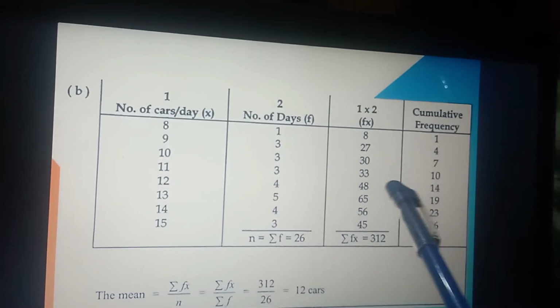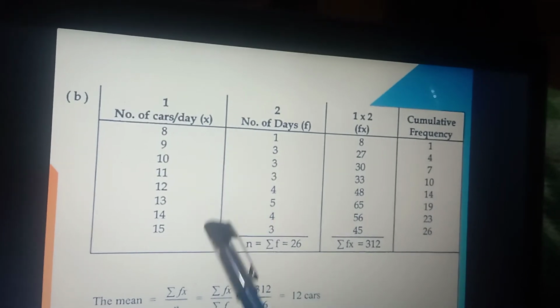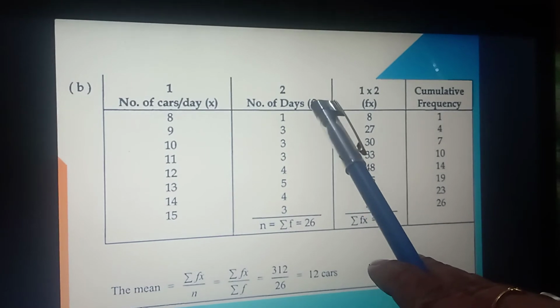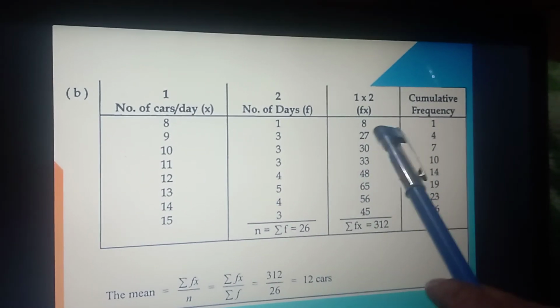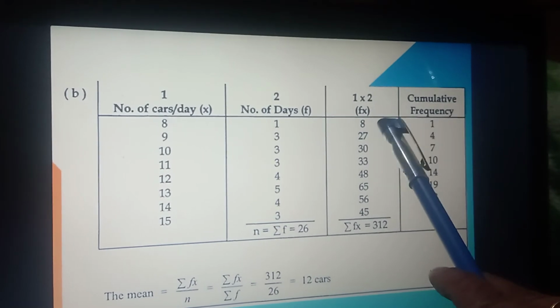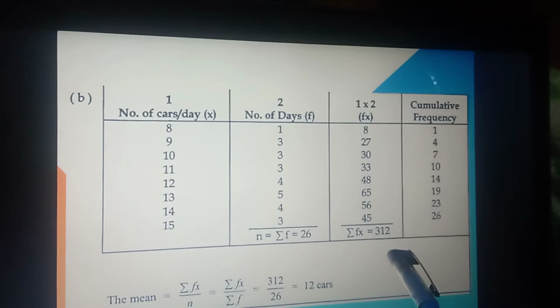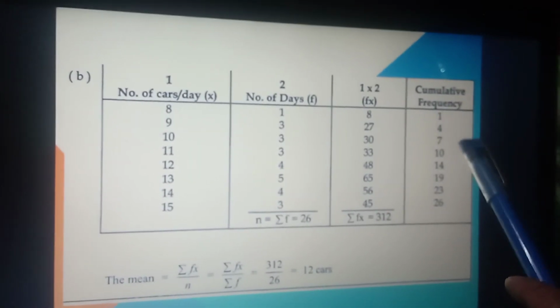So the first step is to mention the values, denoted by x. Second, mention the frequencies and sum them up. In the third column you create the fx, that means the values and the frequencies are multiplied with each other. Finally, you have to create the cumulative frequency column.